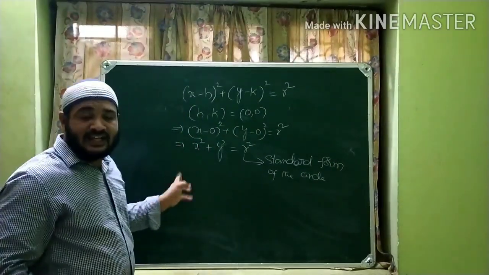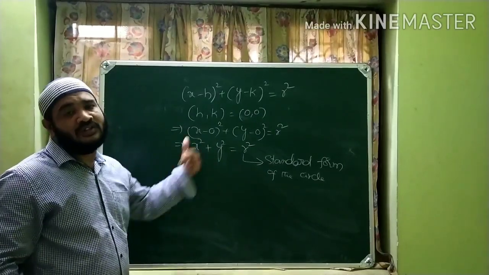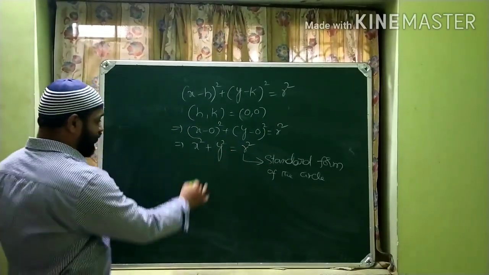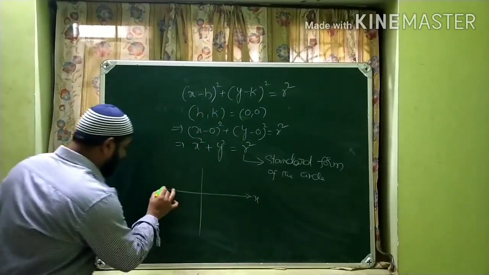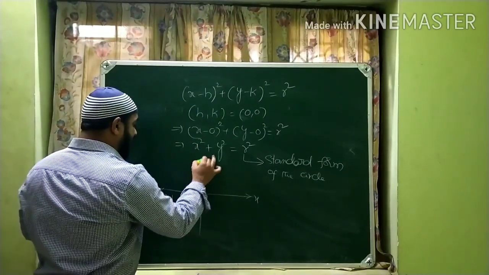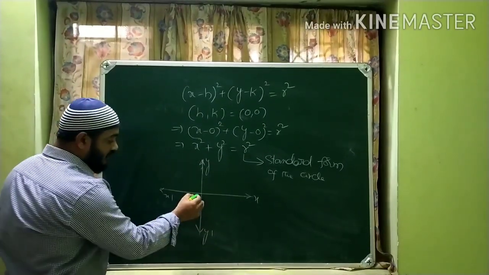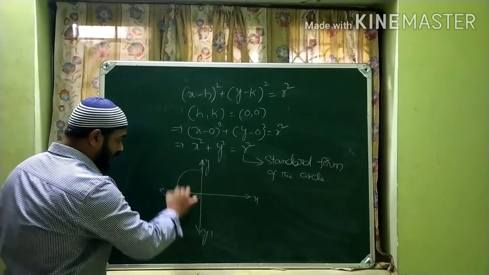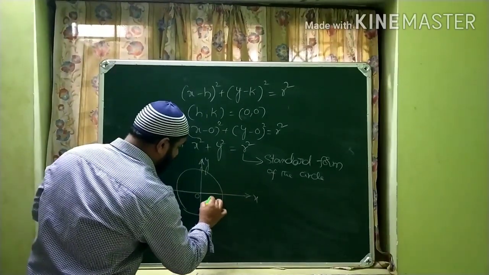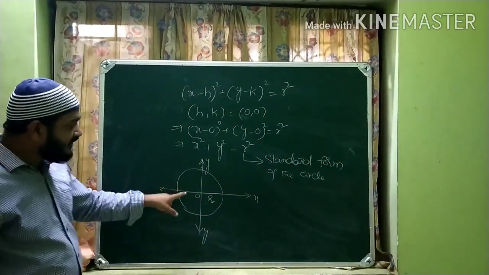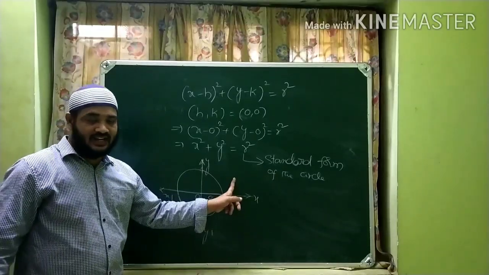If the circle center is at the origin, the circle so formed is called the standard form of the circle. So this is the diagram of this. So this is x-axis, negative x-axis, y-axis, negative y-axis, and this is the origin. So this is the circle, and this is the radius.